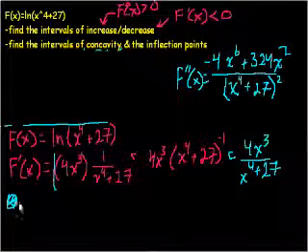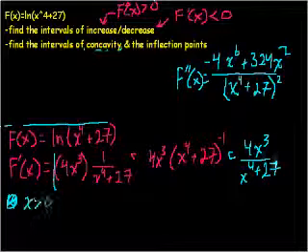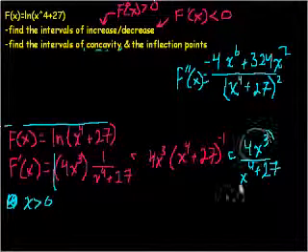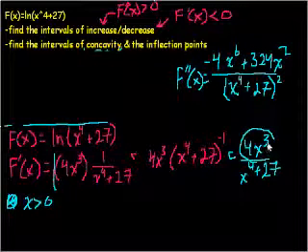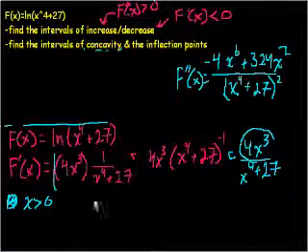And when is x to the third positive? Well, when x is greater than 0, right? If you put in any number greater than 0 here, this term will be positive. And likewise, when is this term negative? Well, you put in a negative number, you take it to an odd number exponent, you're going to get a negative number. So let's say the intervals of increase.